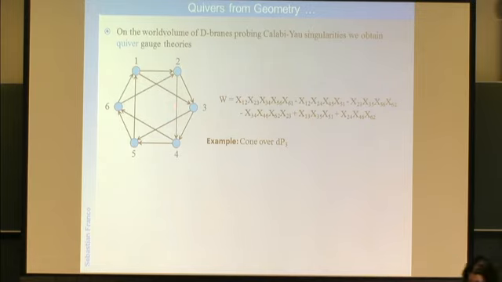I'm not specifying what the ranks of these symmetry groups are yet, but there is some vector multiplet associated to them in N=1 language, and there is some charged matter, or some chiral multiplets, transforming in bifundamental representations. Okay, we have oriented arrows here because we say, for example, that these things are transforming in the fundamental representation of the tail and the anti-fundamental representation of the gauge group at the head.